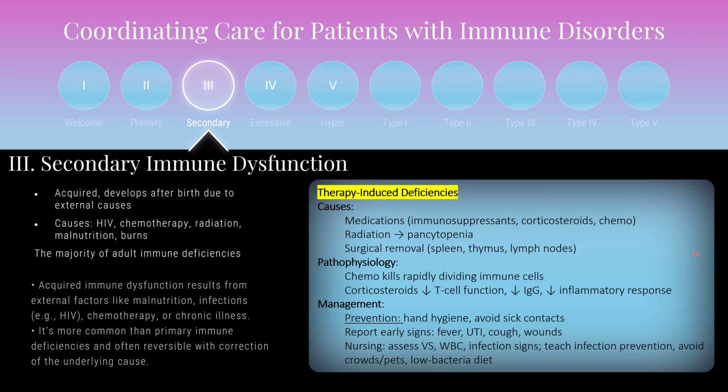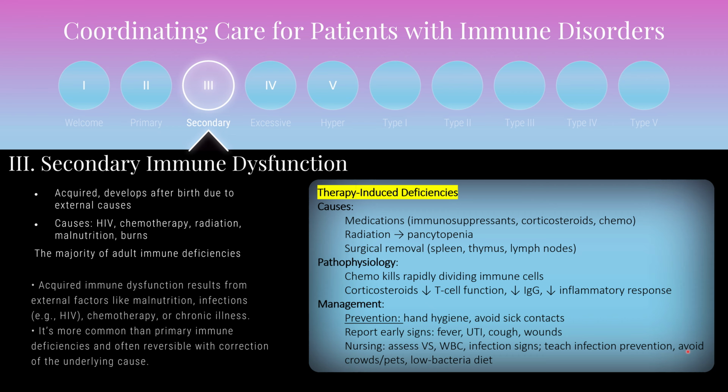The majority of adult immune deficiencies will have acquired immune dysfunction resulting from external factors. And here you see a glance from my outline, little notes I took. The therapy-induced deficiencies are caused by medications, radiation, surgical removal; the patho is that chemo kills rapidly dividing immune cells.